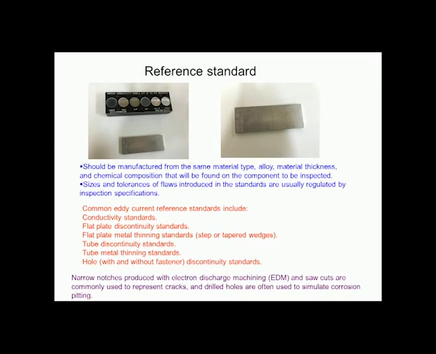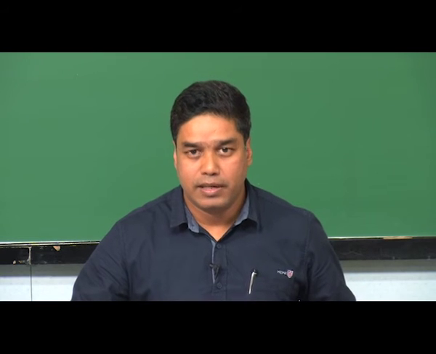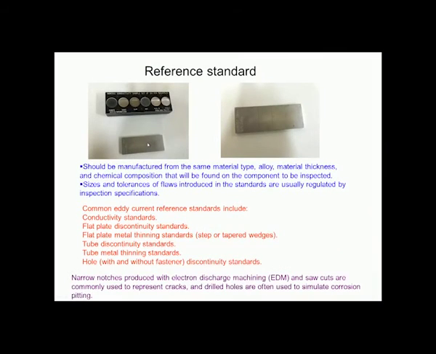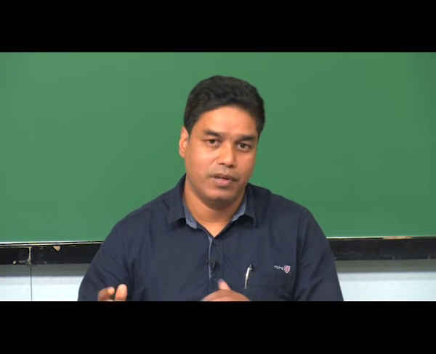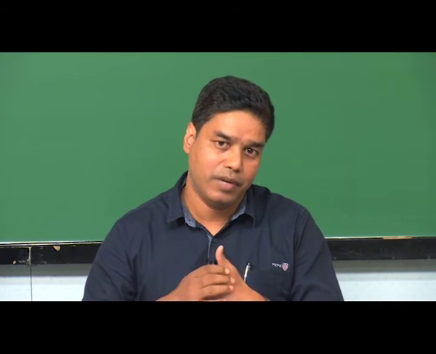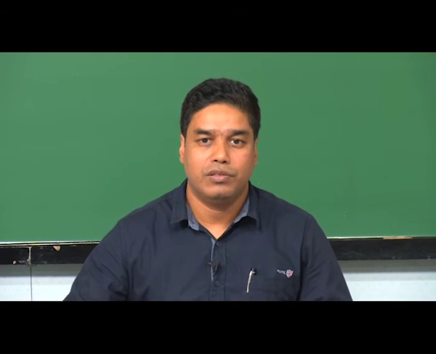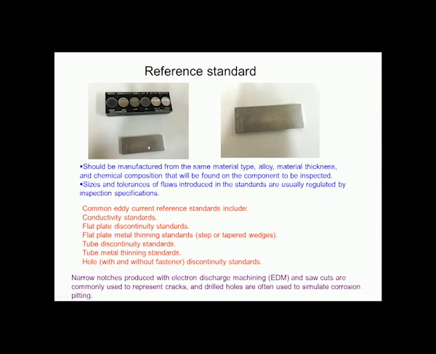So, whenever you use a reference standard like this, okay, you need to make sure that it is manufactured from the same material as the sample. Okay. So, if you have a sample, for example, which is made of aluminum alloy, then you should also select a reference standard which is made of aluminum alloy.